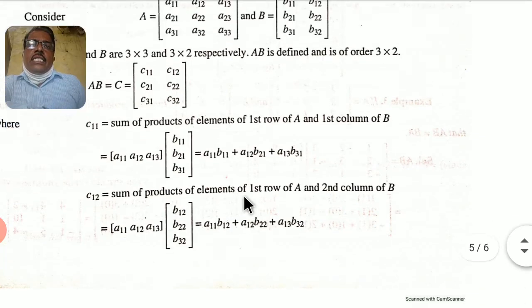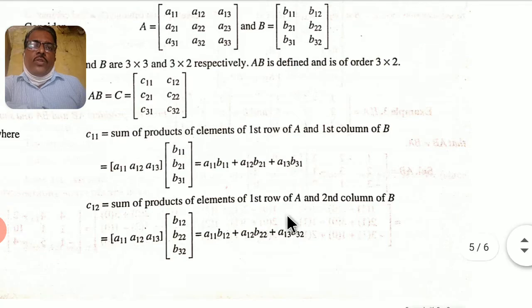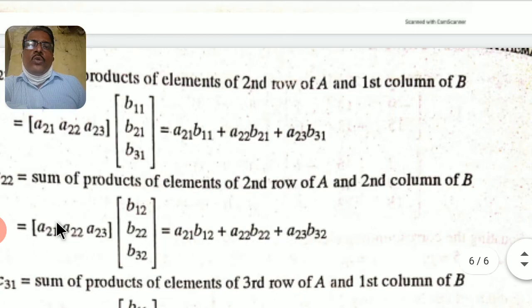Similarly, next, after taking this one, take the third row. The third row is again multiplied with the first column, and we get this result. Similarly the third row with the second column, and we multiply here, which gives this one.